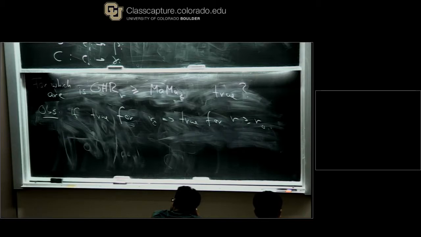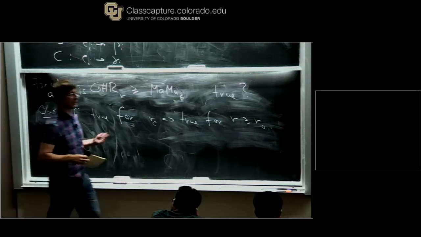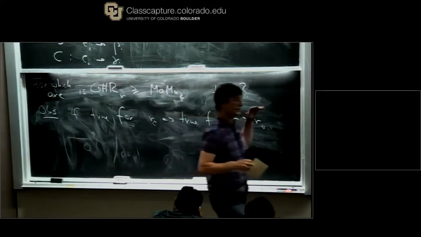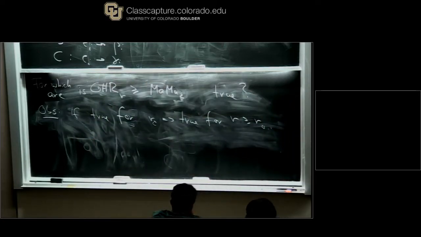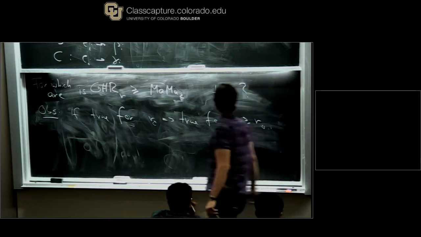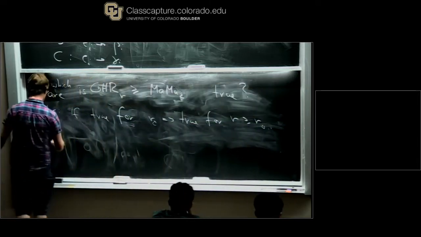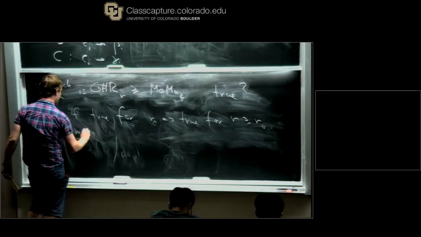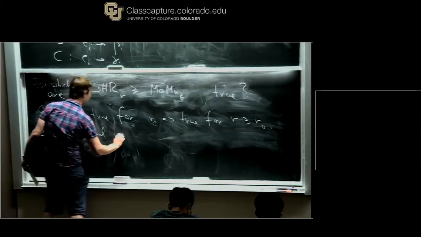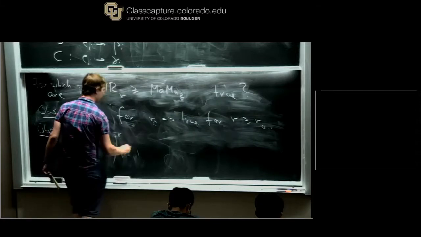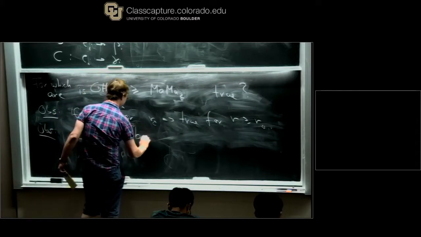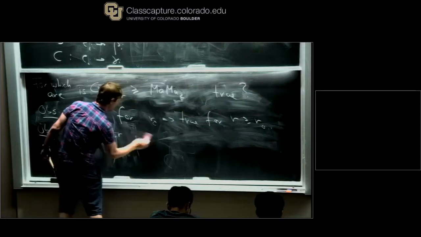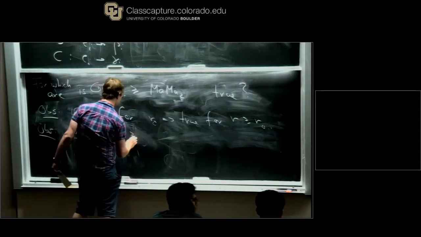So I call every specific R for which I show this is true an upper bound on the optimal R. Right? So there will be some optimal R, some minimal R, for which this statement is true. So next observation. The observation was that the minimal R is bigger than 4.